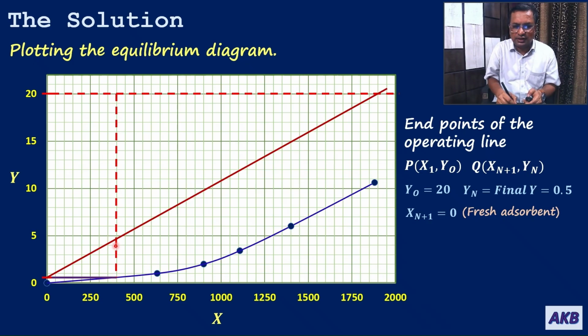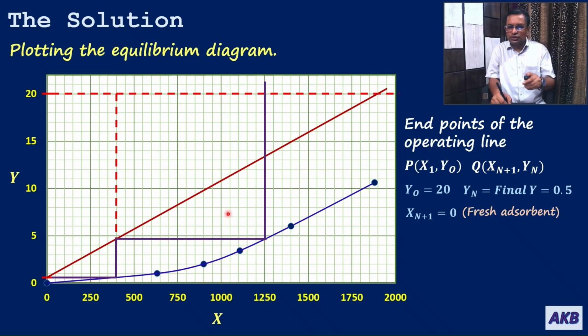Now I will travel a vertical distance up to the operating line. So that will complete my first stage. Now for the second stage, I will start at this point. I will travel a horizontal distance and reach this point on the equilibrium curve, and then I will have to travel a vertical distance in order to complete the second stage.